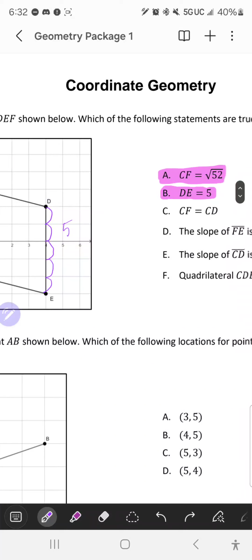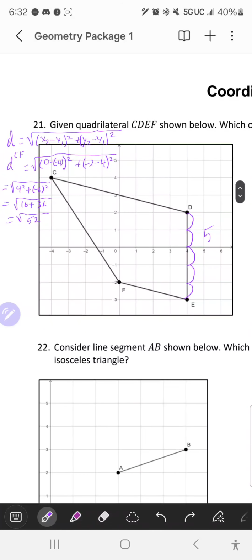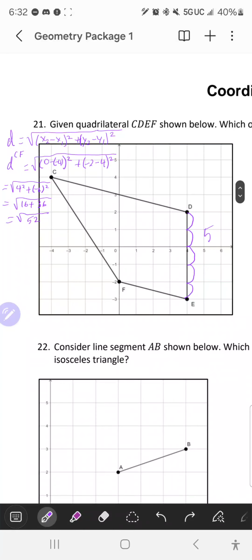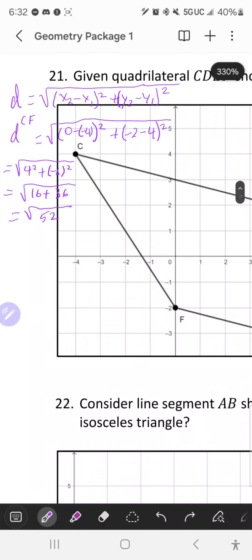And now it says that CF is equal to CD. We already calculated CF, so now let's calculate CD.